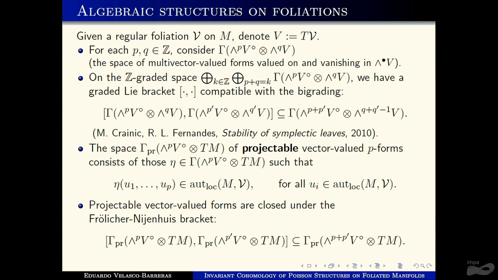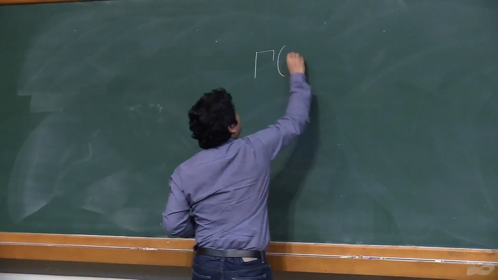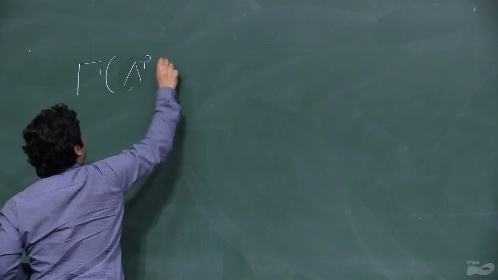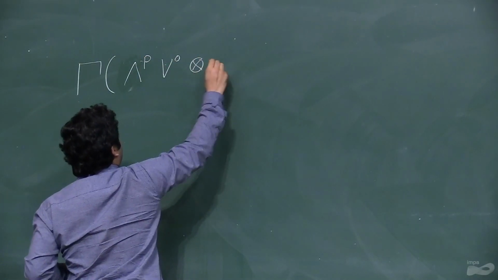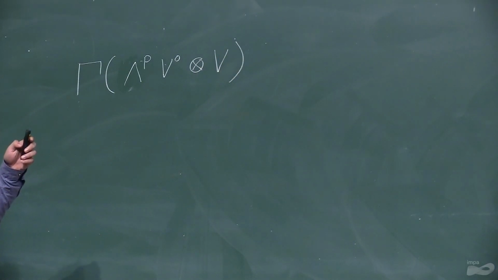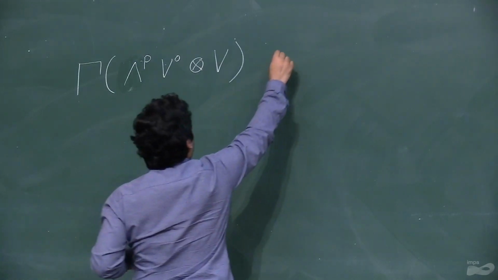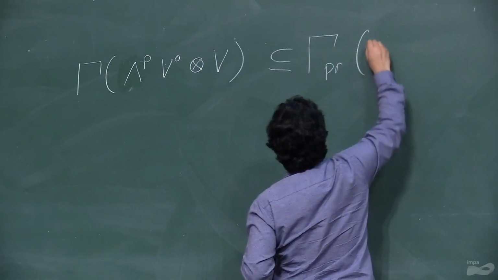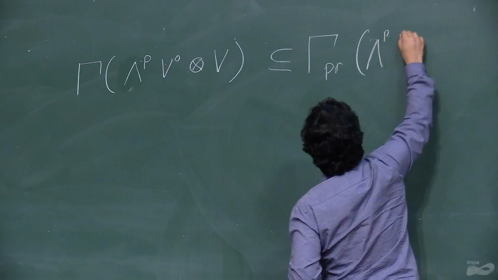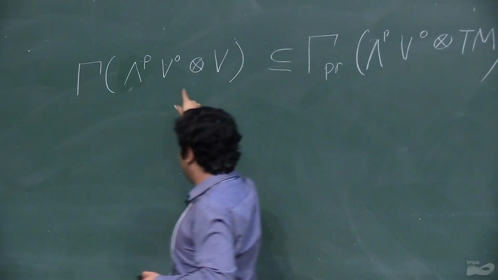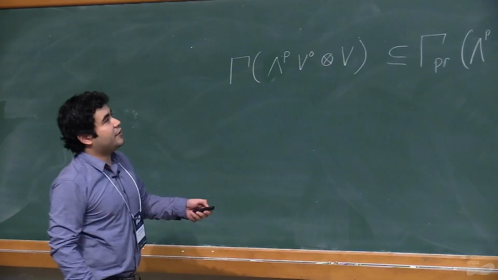But in fact, we have that the space of degree P1 from the first algebra is an ideal. It is contained in the second space, and the sum of all of them defines an ideal here.